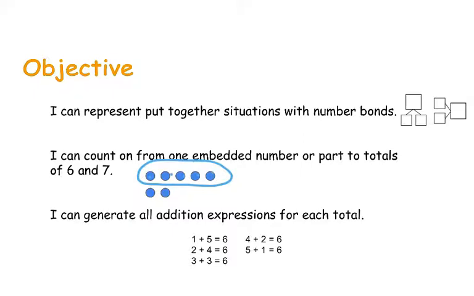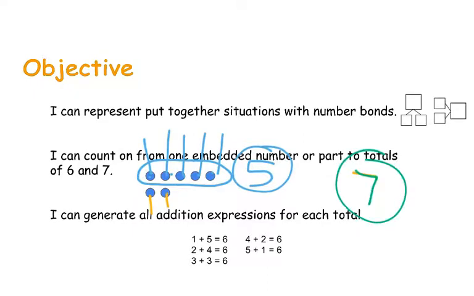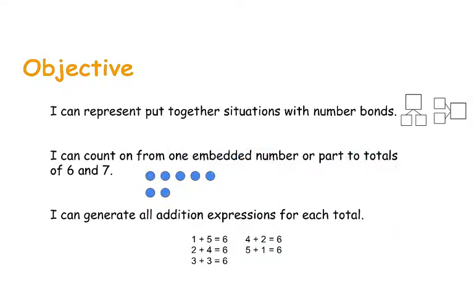What this objective means is I do not need to count each circle again because I know this is 5. I can look at it and say 5, then continue counting, 6, 7, to get my total of 7. So we will be using the count on strategy today in math, and our answers are going to be up to 6 and 7.